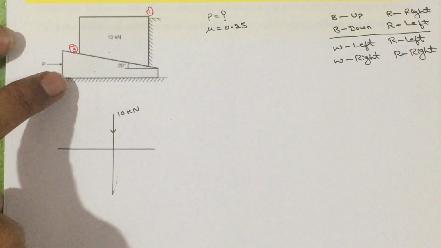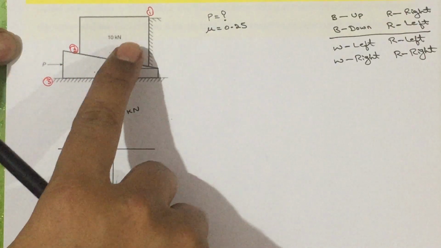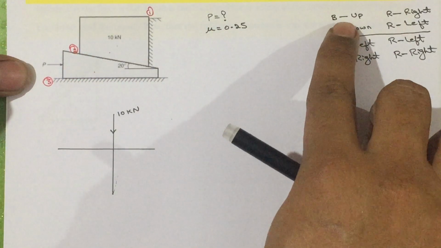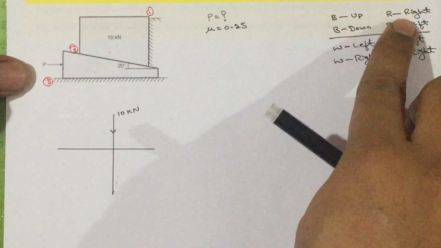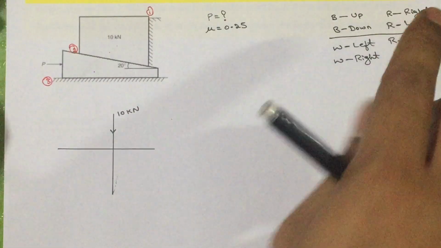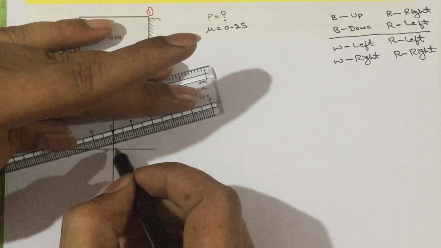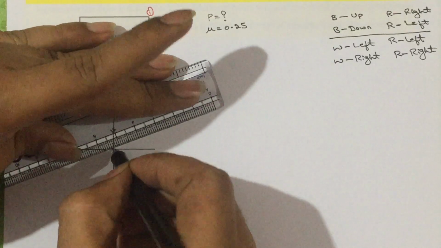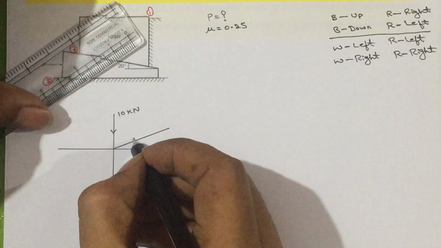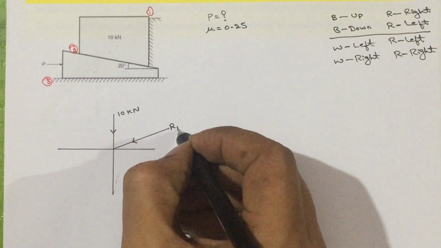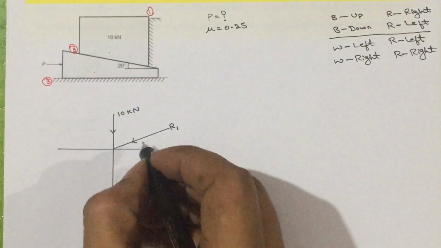If you push the wedge rightwards, then this block is going to move upwards. If the block is moving upwards, then the reaction will be in the right quadrant, that is this quadrant. So write it. This will be the reaction at the first contact surface.